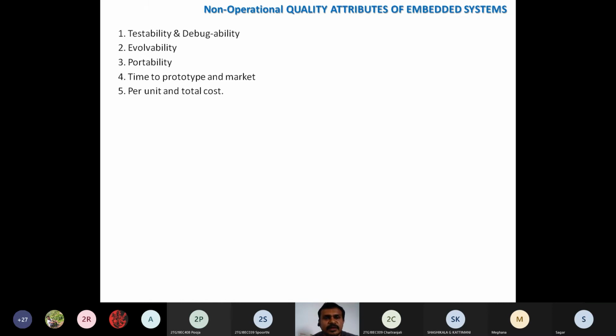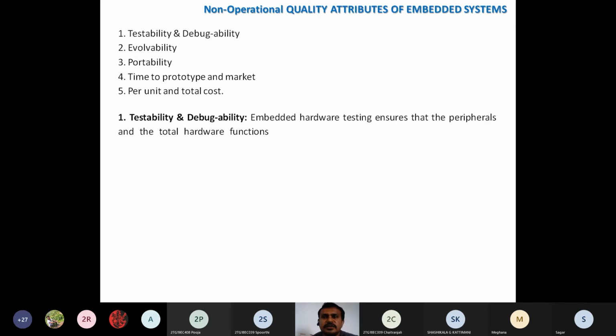The testability and debugging ability, evolvability, portability, time to prototype and market, per unit and total cost. So these are the 5 non-operational quality attributes which are to be taken into account during design of an embedded system.